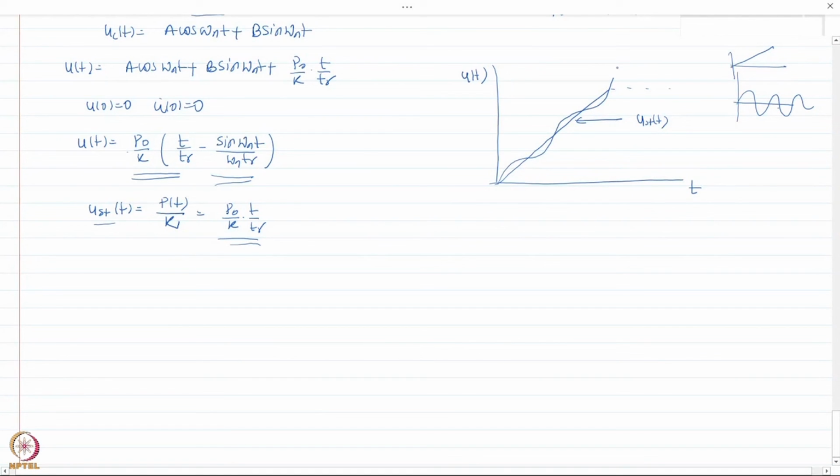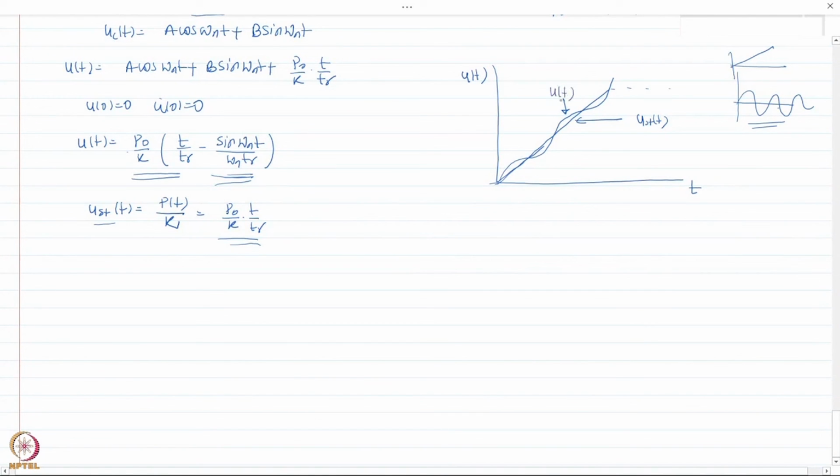Basically the system starts to oscillate again at its natural frequency omega n, however about its static solution, if there was no mass in the system and no dynamic effect. This is my u static and this is my total solution. The difference is basically this solution here, so this is my u of t.